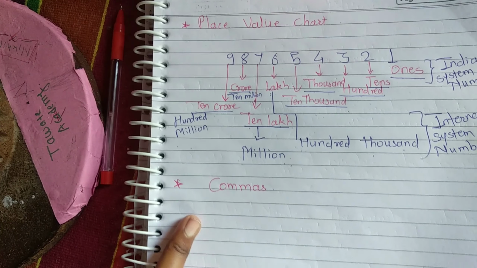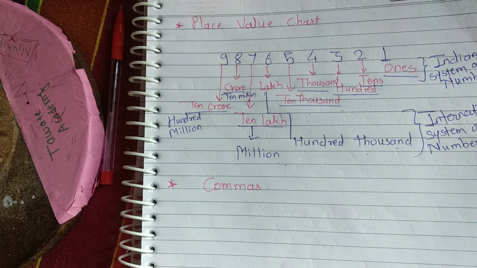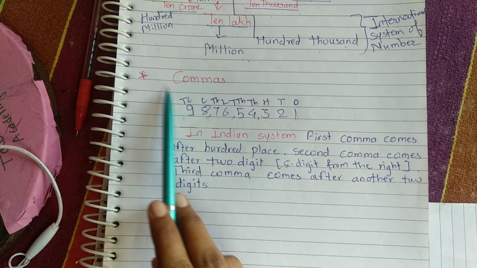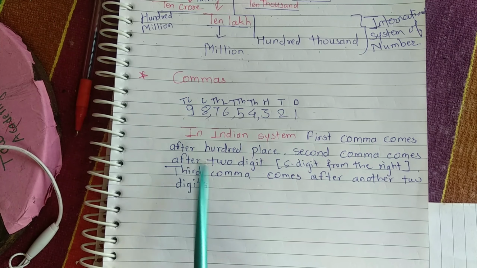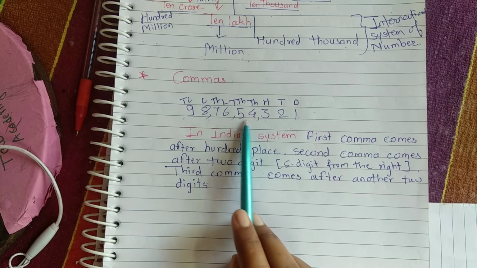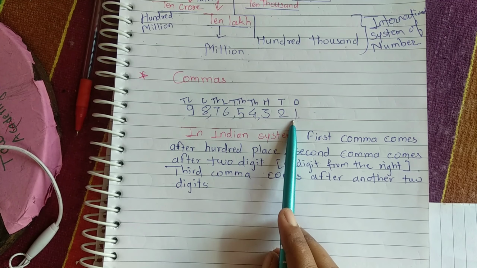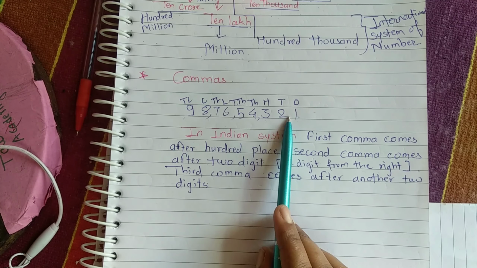Okay, now we come to the next point, commas. Commas are very important in the Indian system of numbers and the international system of numbers. We take one example, 98765432. We always put place values from right.